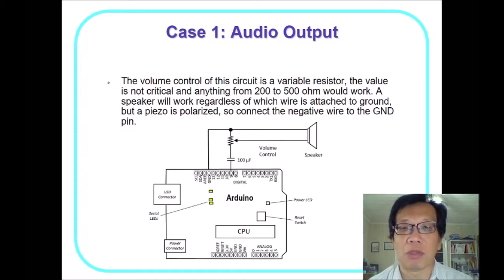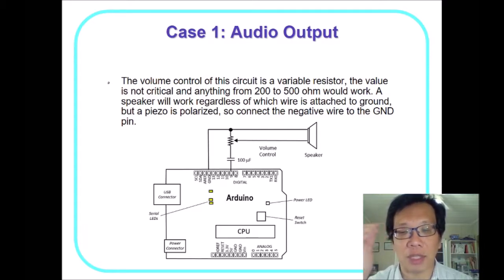Typically, a speaker is kind of small, and in order to provide the signal to the speaker, we connect another 200 to 500 ohm variable resistor, so we can tune the volume of the speaker.